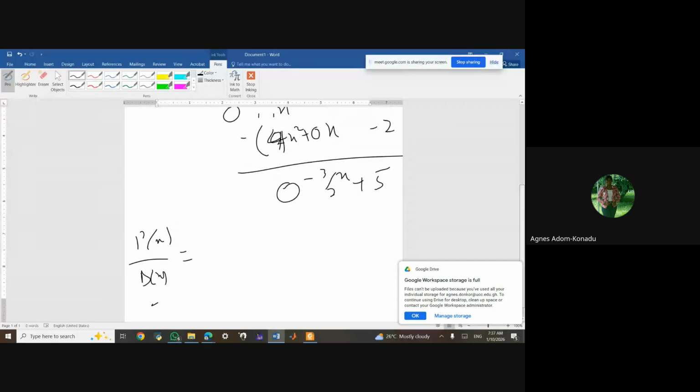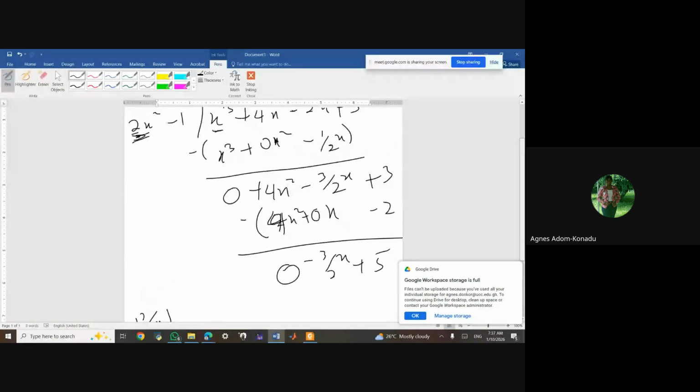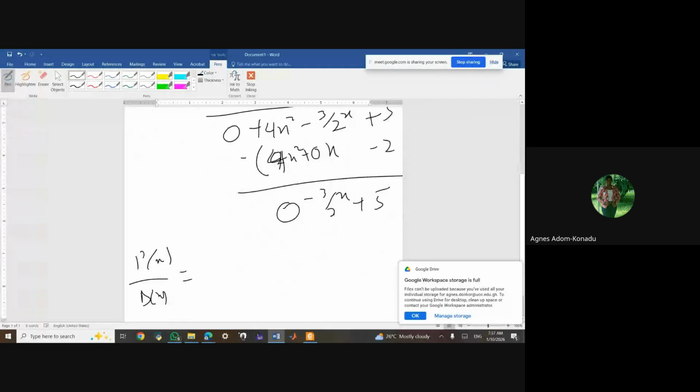When we divided, we are going to get 1 over 2x plus 2, and this is the remainder. So the remainder minus 3 on 2x plus 5, and this one is divided by d of x.